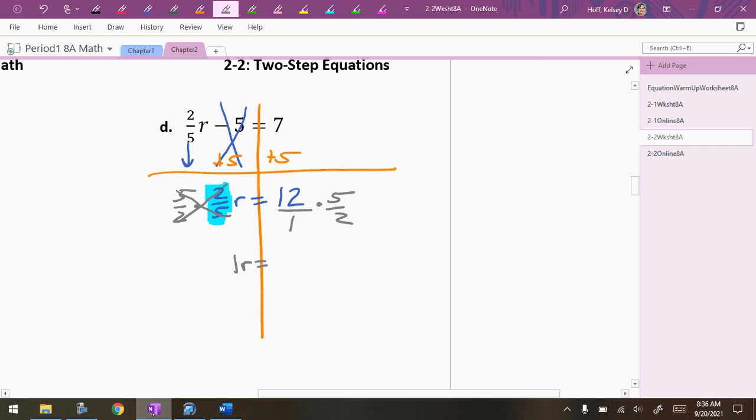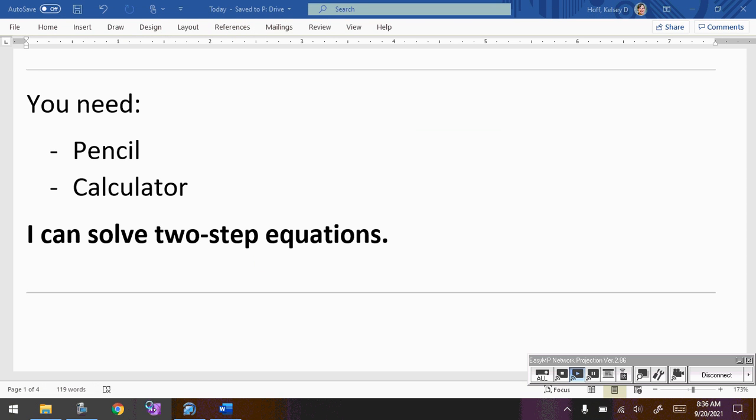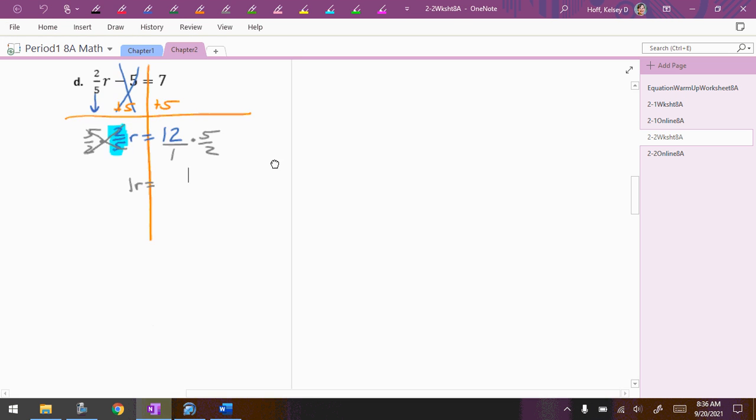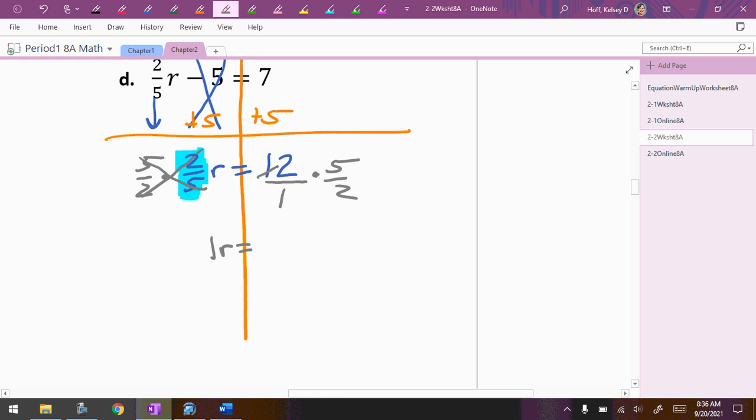Very good. So we've got to cross off 12 and change it to a 6, and your 2 to a 1. Then you've got to multiply.